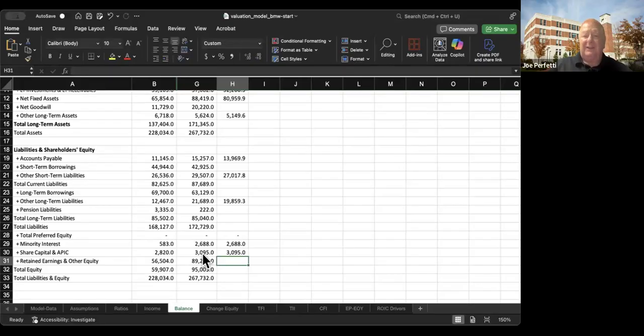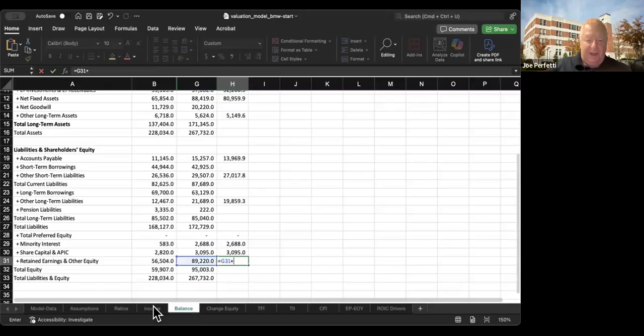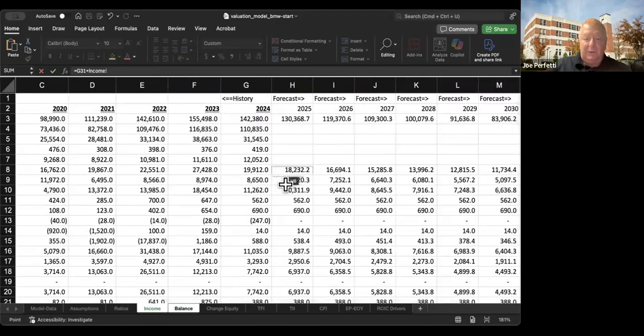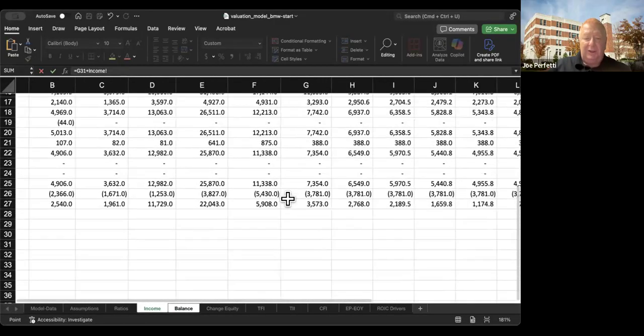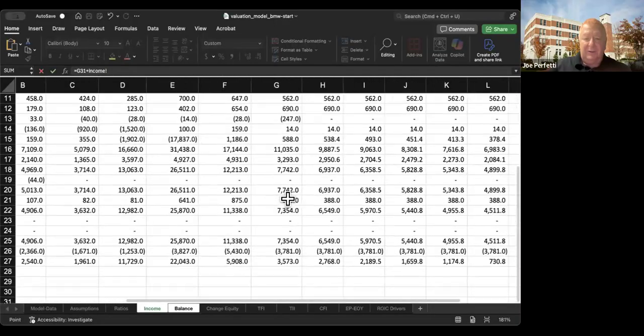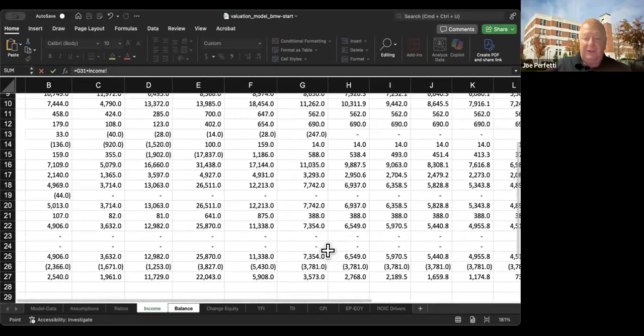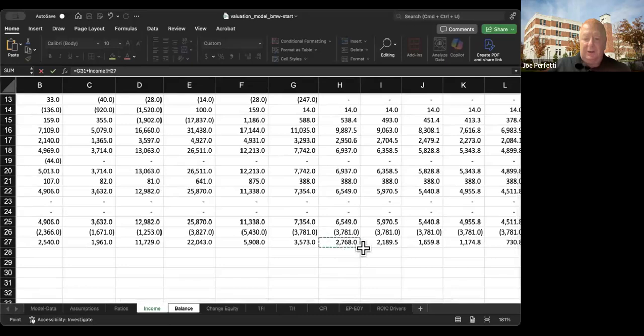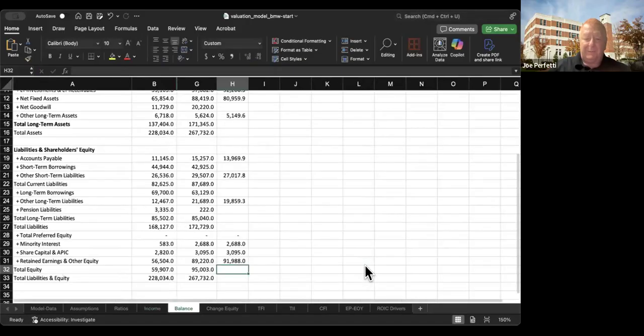And we know from accounting that the formula for retained earnings is equals last year's retained earnings, so G31, plus from the income tab, 2025 change in retained earnings. So 2025 is column H. It should go up by 2768, which is the net income minus the dividends. So the retained earnings should grow to 91,988.